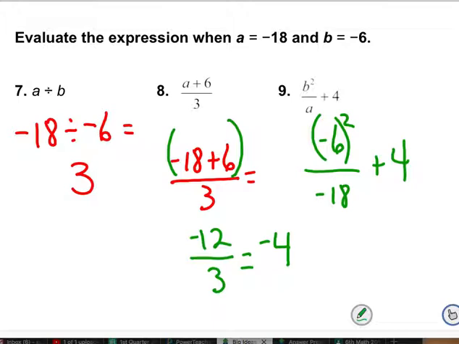We've got kiddos answering on this one. I'm seeing 6 and 2. Only one of those is correct.